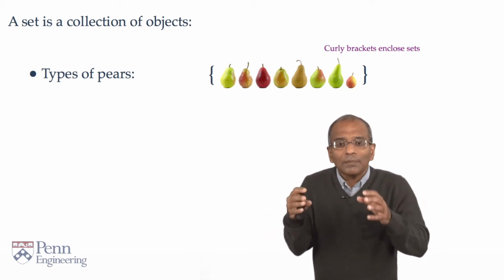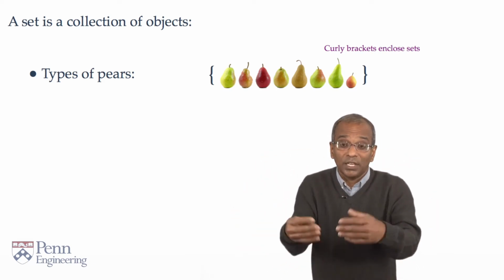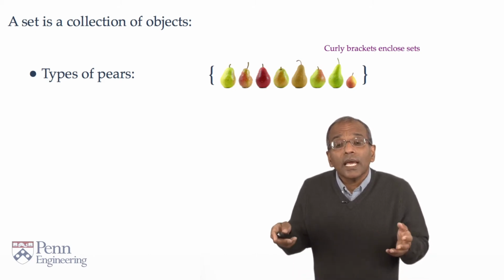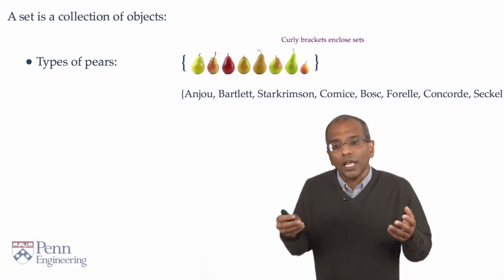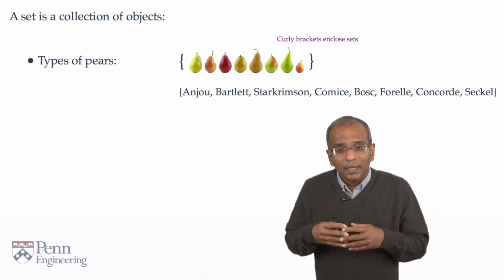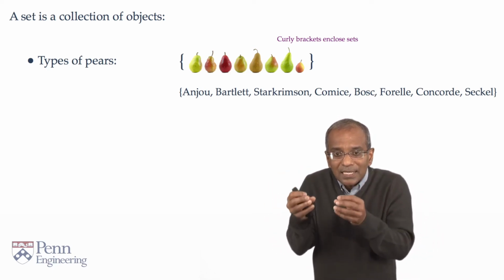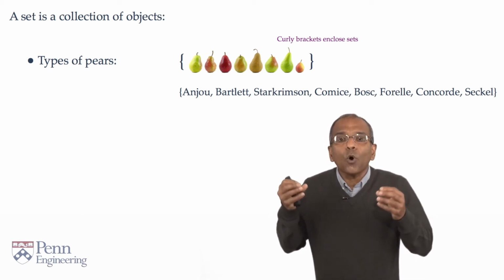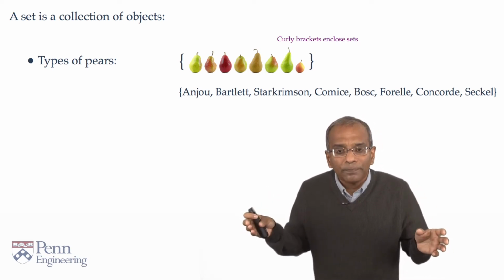Now, we could have described these objects quite differently. Instead of just putting them in a basket and saying, well, here are 8 fruit types, we could have listed them, say, by their names. For example, Anjou, Bartlett, Stark Crimson, Bosc, and so forth. What is material here is that these names, these images, represent objects which we have a common understanding for.